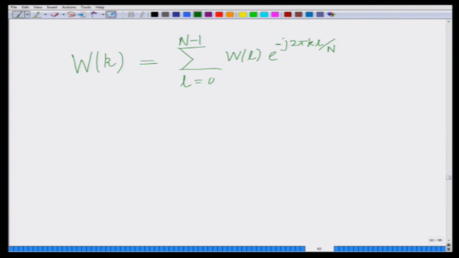So, capital Wk is the kth FFT point of the noise samples.